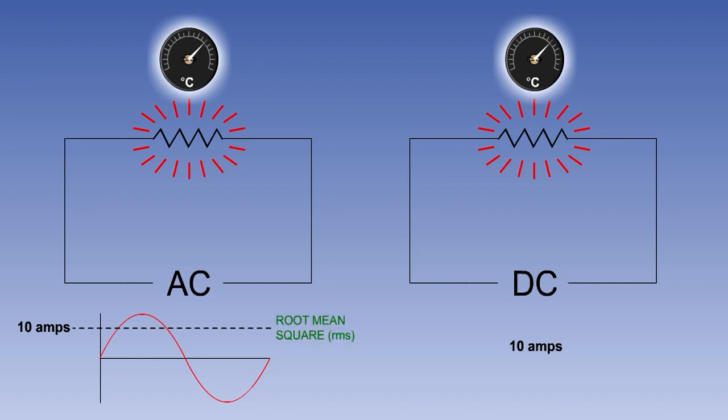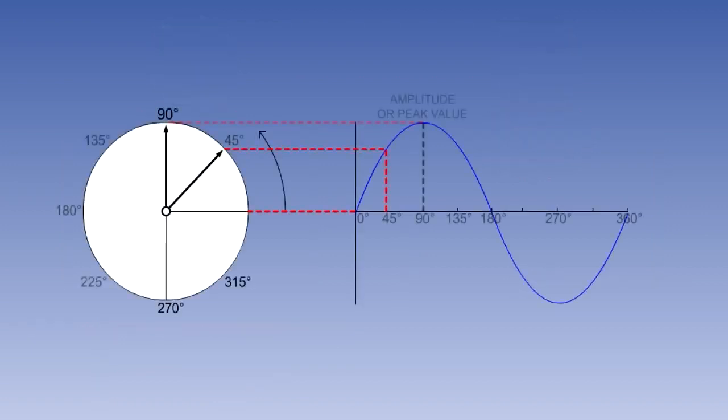This mean value is termed the root mean square, or RMS value. As the current or voltage rises from 0 to maximum in 90 degrees of phase angle, the mean value will occur at the midway point of 45 degrees. As the values follow a sine curve, then the value at 45 degrees can be calculated using the formula sine equals opposite divided by hypotenuse.